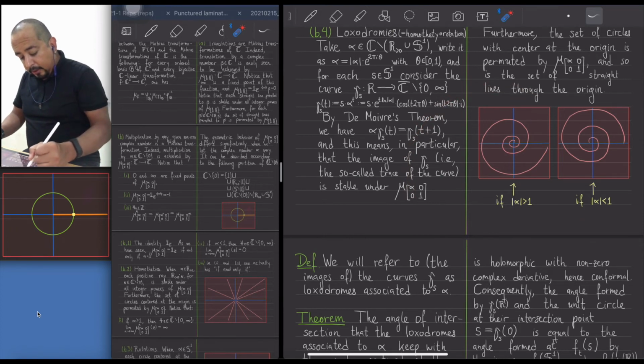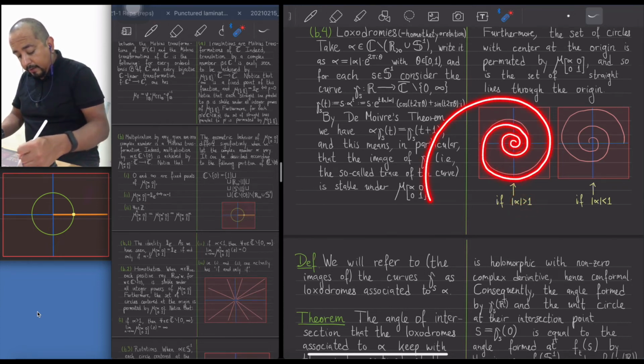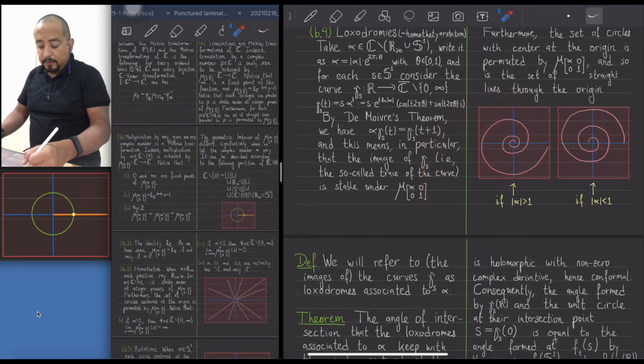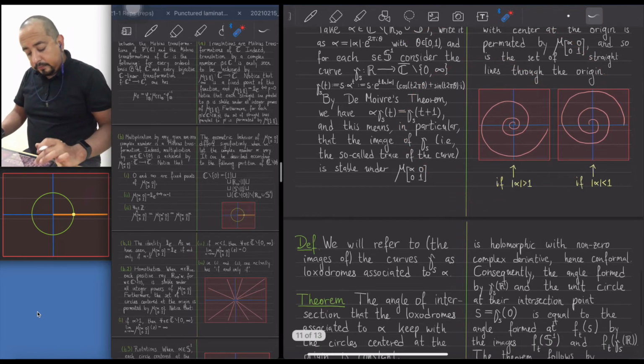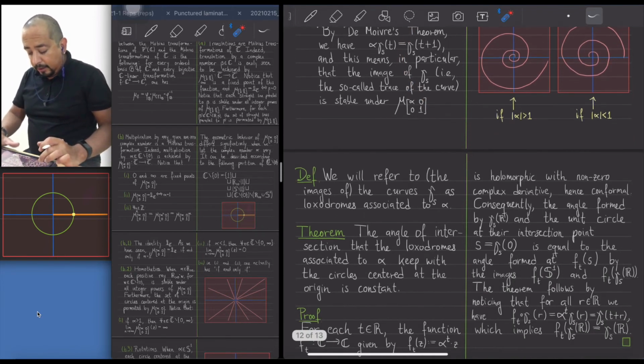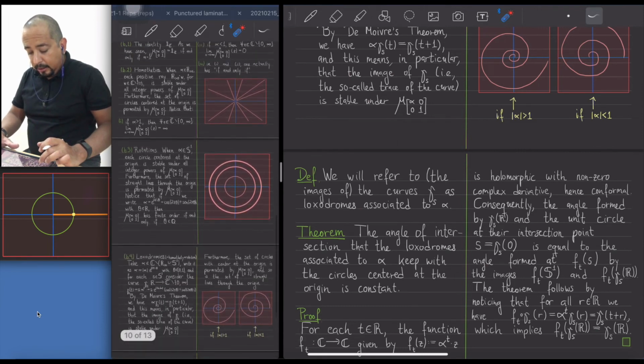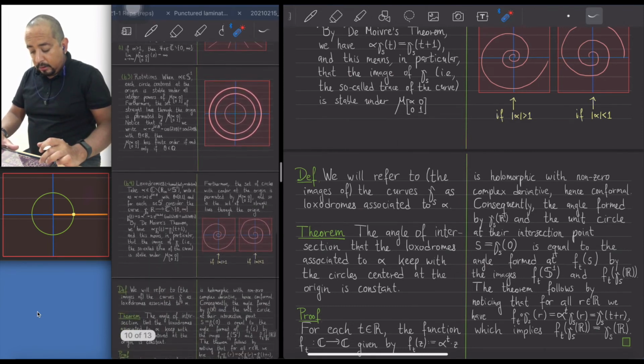Having something greater than 1 but very close to 1 means that this opens, but maybe not so fast. So maybe one gets something like this, or maybe something like this. I'm just trying to illustrate that indeed things depend on alpha.